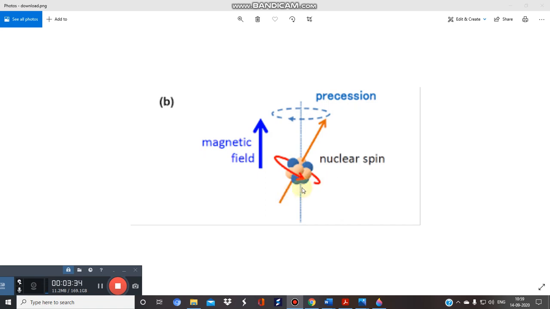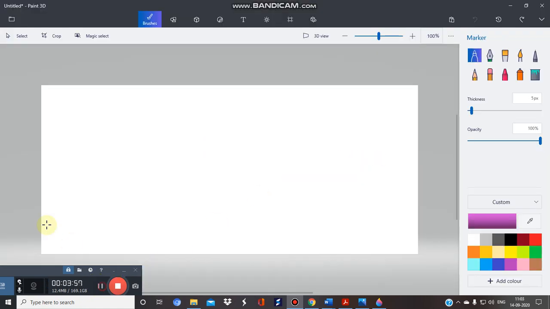Protons and neutrons rotate on their axis, or we can say they show spin around their axis. Due to this spinning of protons and neutrons, the nucleus will also spin. So there is a nuclear spin present in the nucleus.